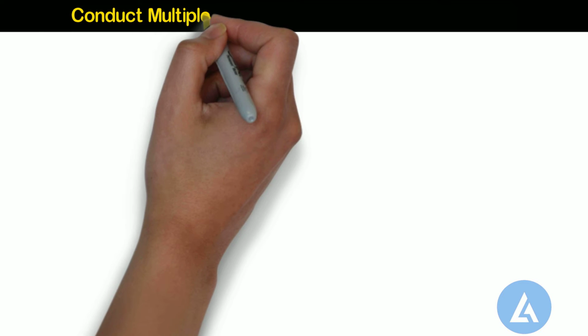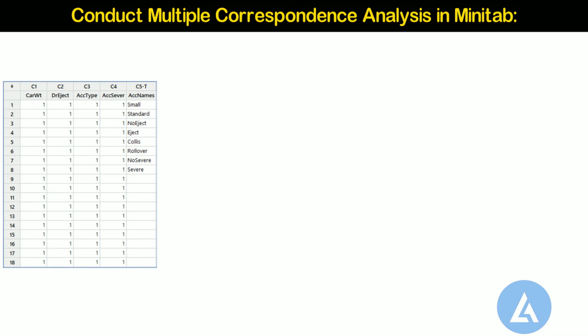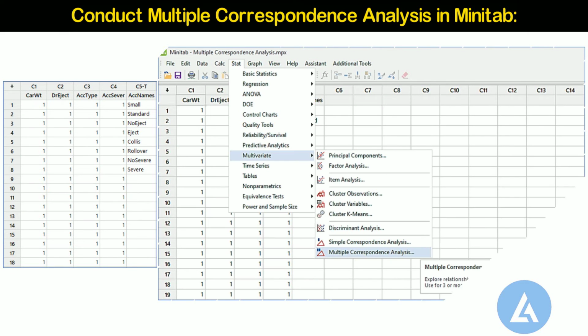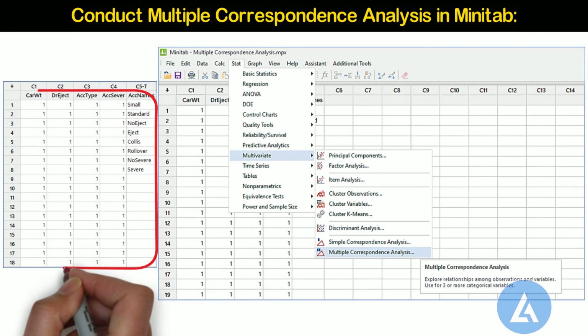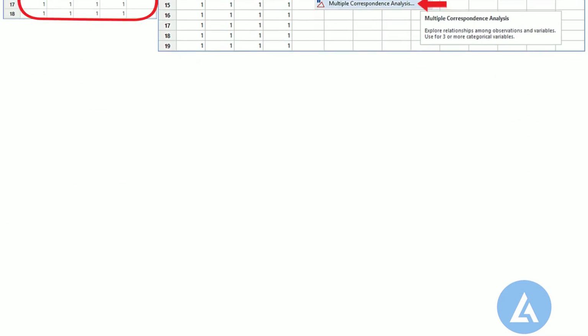Conduct multiple correspondence analysis in Minitab. To conduct a multiple correspondence analysis in Minitab, please follow the steps. 1. Enter or copy the data to the Minitab worksheet as shown in the picture. 2. Select Stat, Multivariate, and then Multiple Correspondence Analysis. 3.